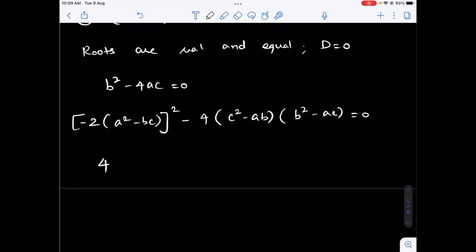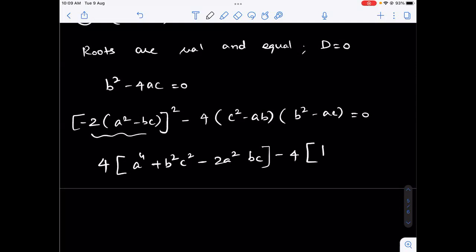So squaring on both the sides, 4 into a power 4 plus b square c square minus 2a square bc minus 4 into b square c square minus a c cube minus a b cube plus a square bc.